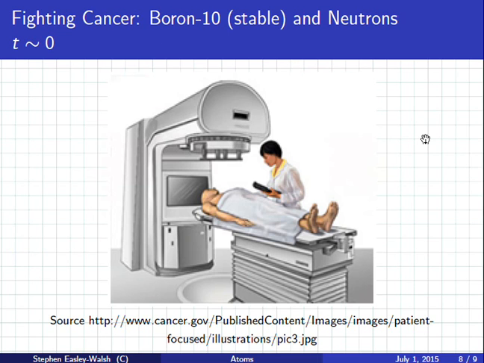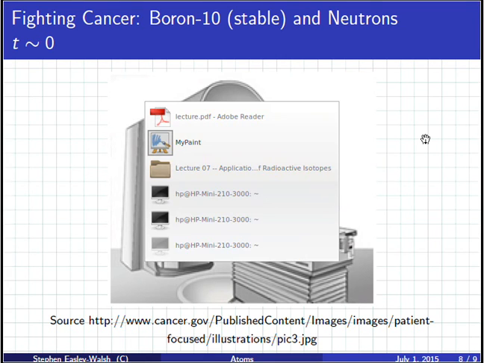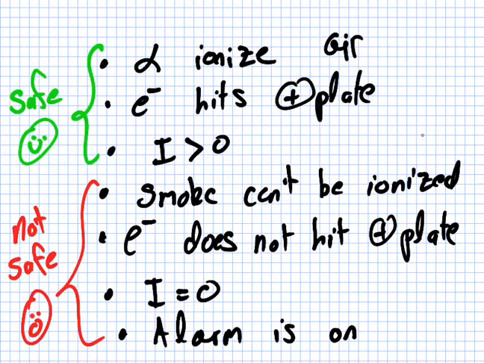So this one I was looking up today, boron 10. Boron 10 is actually not radioactive. I think I should explain with a picture here. Of course, especially in modern day life, cancer is a problem. So here is the person, and this is their skin.